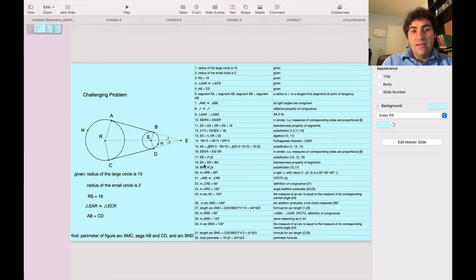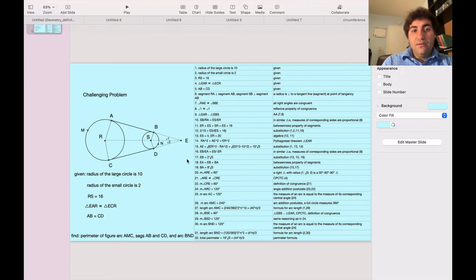We know that EA equals EB plus BA, by the betweenness property of segments, so BA, the length of this segment here, is going to be 8 times the square root of 3. Since these two triangles are congruent, CD is also going to be 8 times the square root of 3.